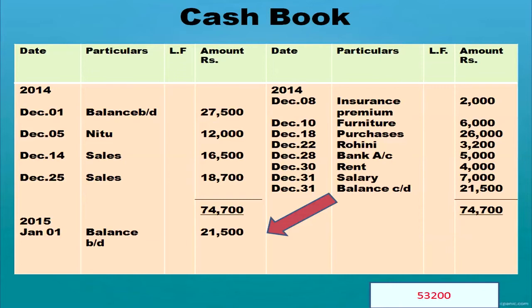That is, in 2014 December 31st, we got a balance of 21,500. We have brought it down on January 1st as balance brought down, 2015 January 1st balance brought down. Which amount do you have to bring down? That is 21,500. So, you are clear with balancing also.